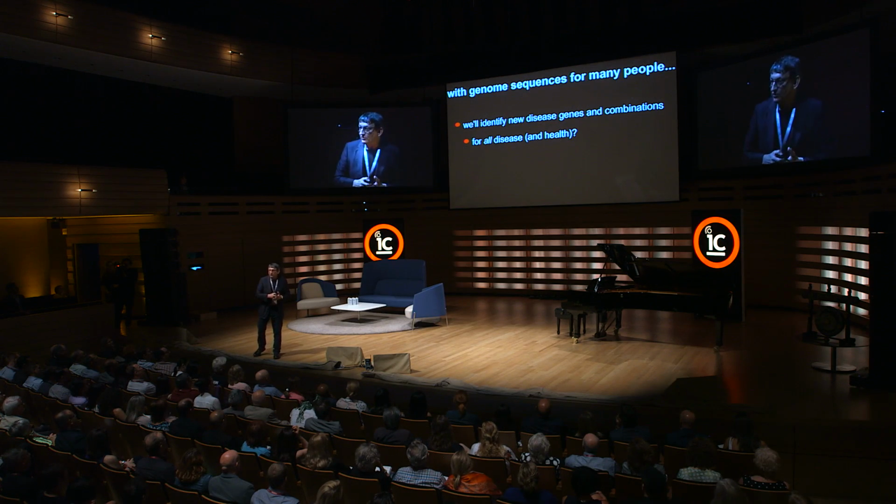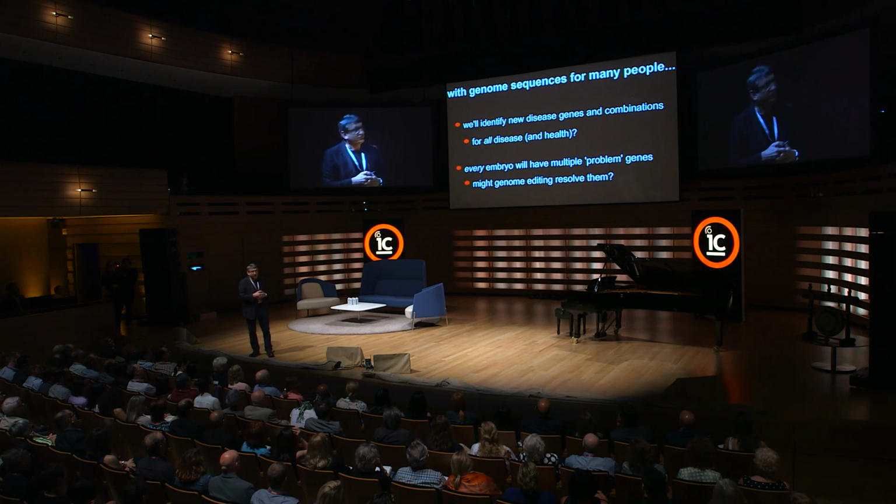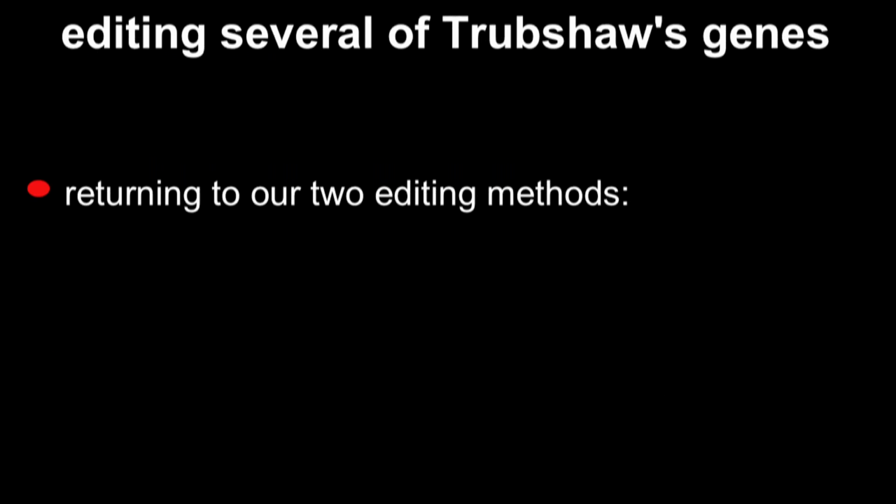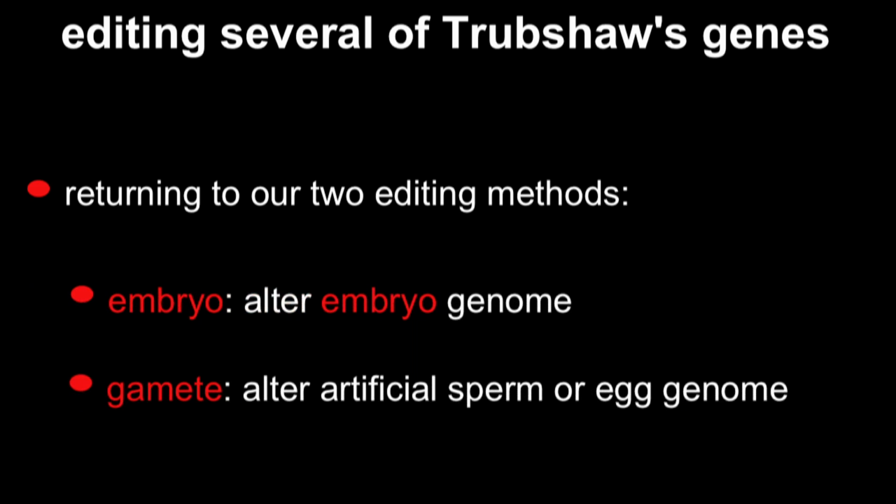But another corollary of this, I think, is that it's going to show that every embryo that's produced will have multiple so-called problem genes. So might genome editing in the future be able to fix these multiple problems? And to answer this, I'd like to return to our two editing methods. Before, remember, we were talking about editing the single-cell embryo genome.